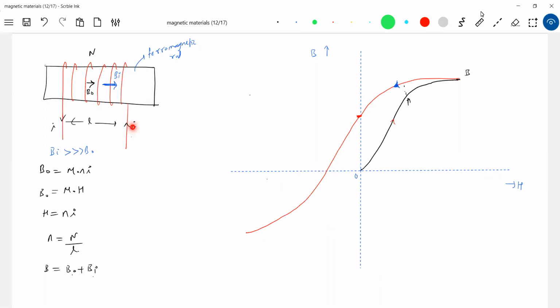Once current becomes zero, what we thought is that B_i will be zero. No, it will retain some magnetization. What happens is the domains will not come back to their initial state. They will retain some dipole moment. The substance will retain some dipole moment. It got magnetized. So shall I say retentivity, residual magnetism.